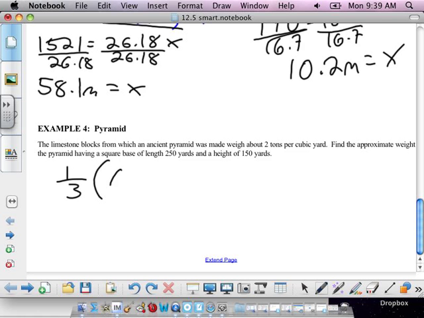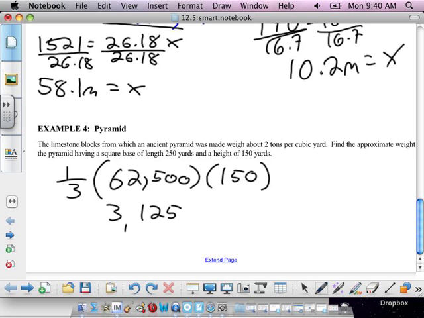We get 62,500. And we're going to times that by the height, which is 150 yards. Times 150 divided by 3 gives me 3,125,000. Okay, now that's in yards cubed.